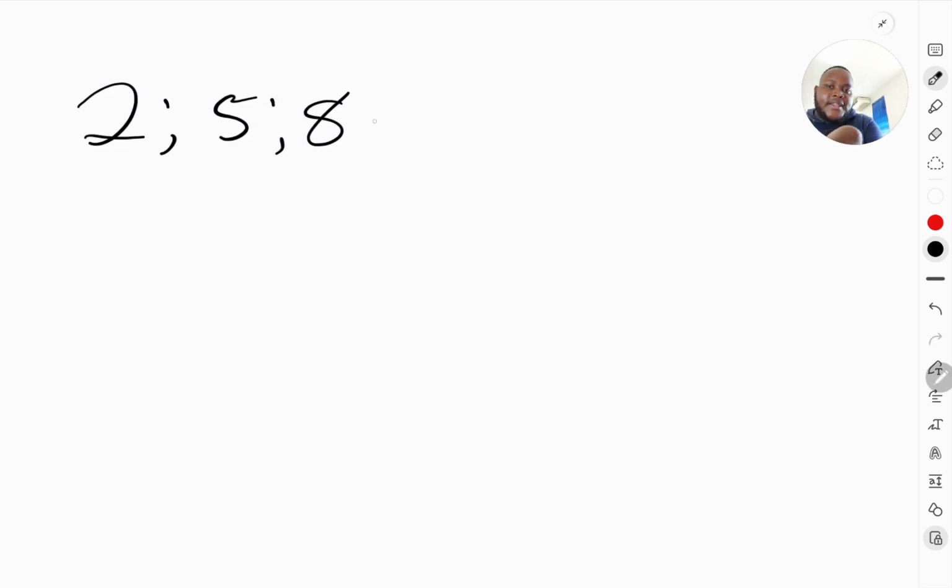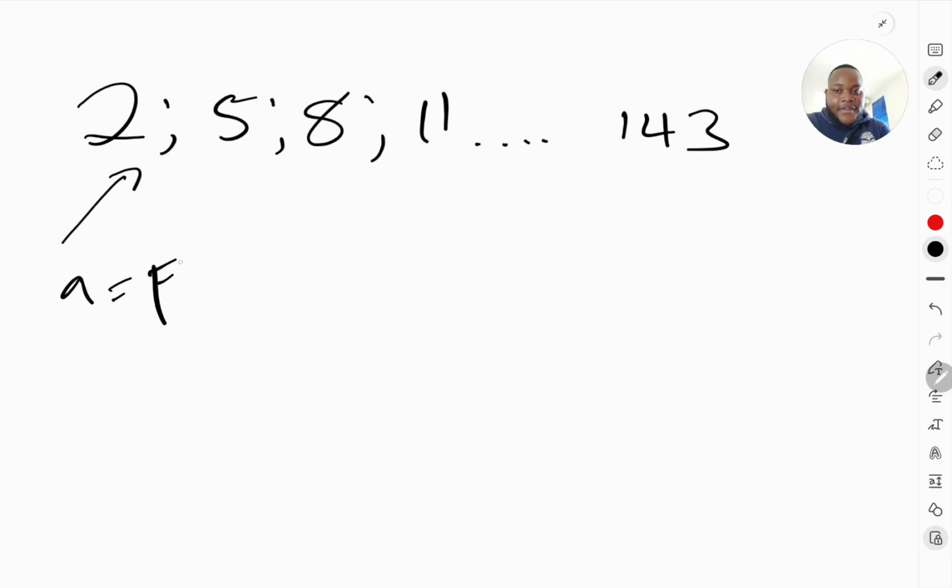So now let's say we are given an arithmetic sequence that goes 2, 5, 8, 11 up until 140, 143. Now 2 is represented as A, the first term.